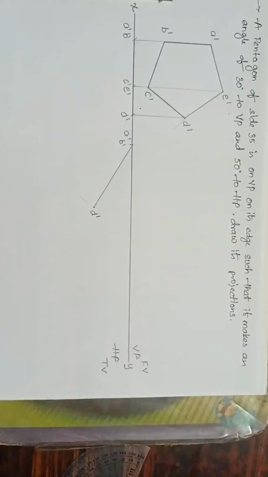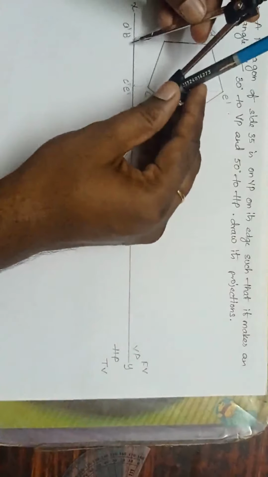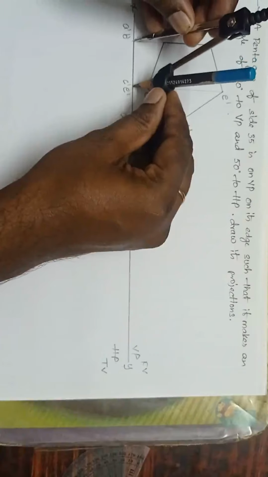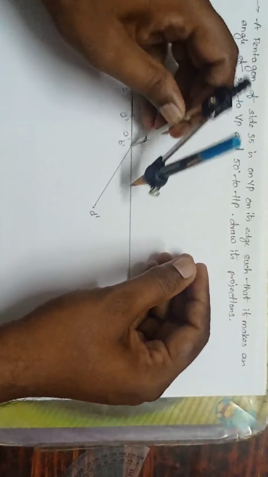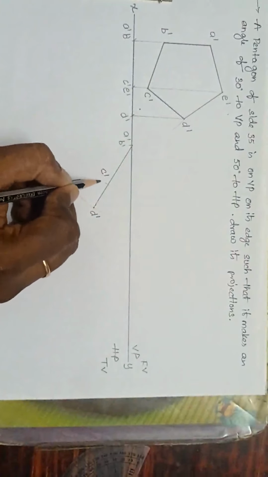Done. Over. Now what I will do, take a length A dash B dash and C dash A dash. Okay, A dash B dash as center, cut here. What is this? This is C dash and E dash.